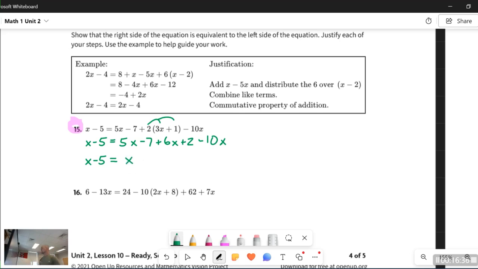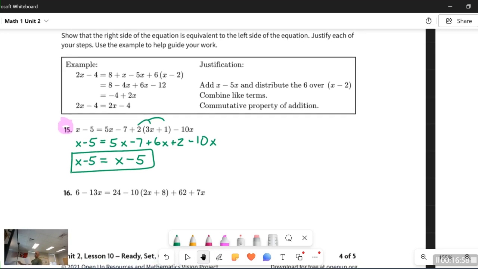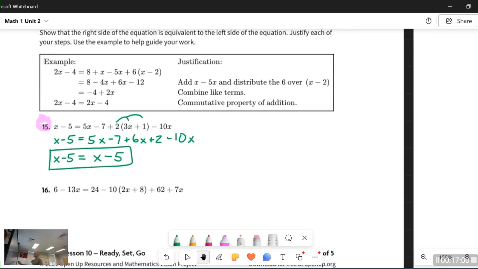All right, cool. Negative 7 plus 2 gives me negative 5. And because of this, we see that we distributed, we combined like terms, then we used our commutative property of addition, similar to what we just did in the example above. So that's all we're looking to do. Please write out your actual justifications on the right-hand side there.